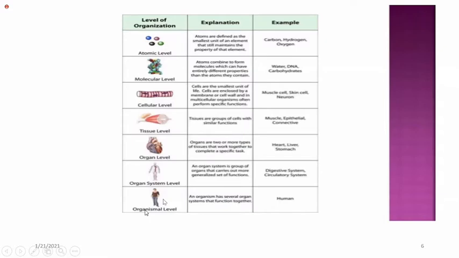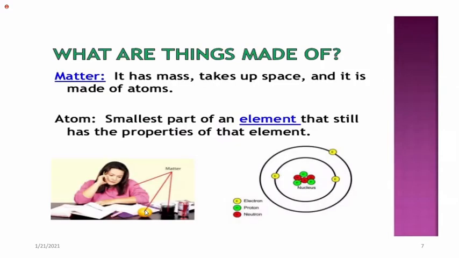Now let us recall or revise some terms that will be used here. What is matter? All things are made up of matter. This matter has mass, it takes up space, and it is made up of atoms.